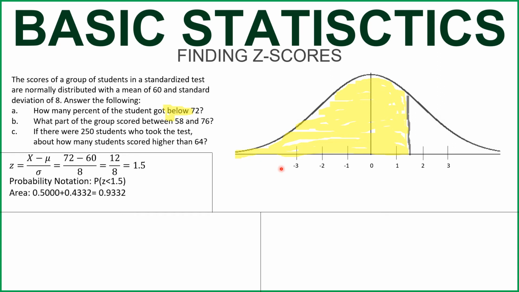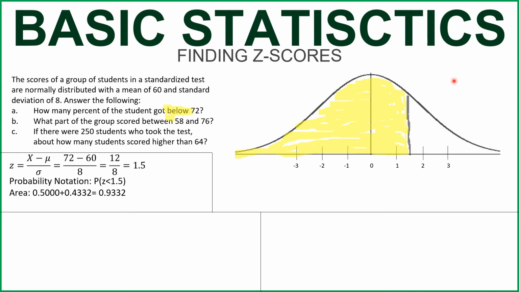So, next thing is, we get the area. Since na-shade yung left portion and part ng right portion, therefore yung operation natin is technically addition. So, i-add natin to. And nabanggit na natin sa previous slide that since symmetrical itong normal curve, yung kalahati niya is equal dun sa kalahati niya.